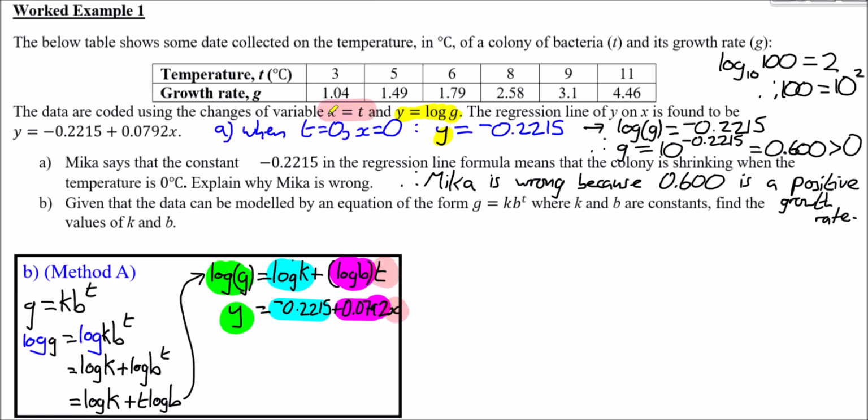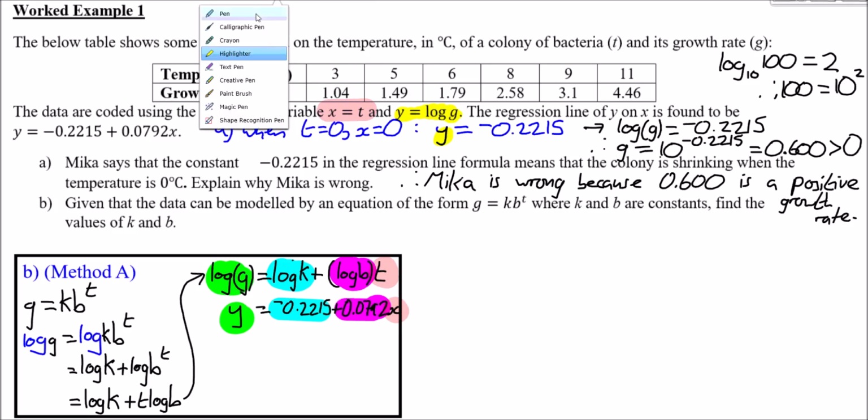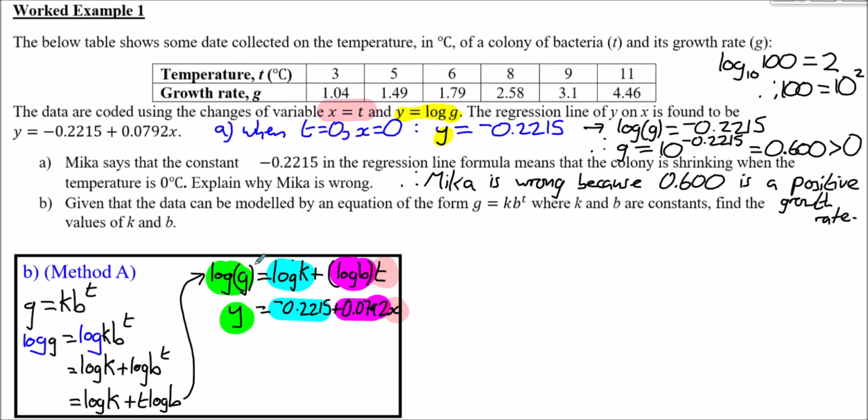X is t, t is x. So now we can work out what k is and what b is separately.